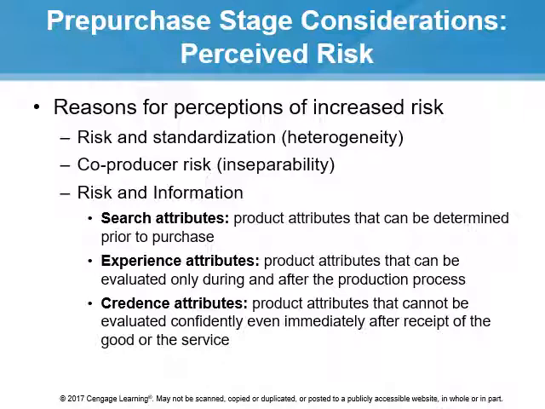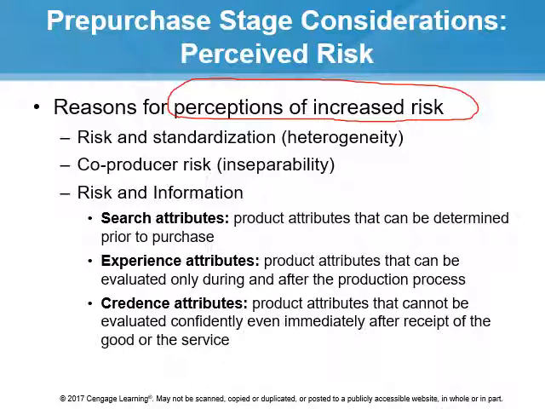So the next thing you need to remember here is, why is there a perception of increased risk? Why do we have a perception that the purchasing risk associated with services may be more as compared to goods? Now, I already gave you these answers.